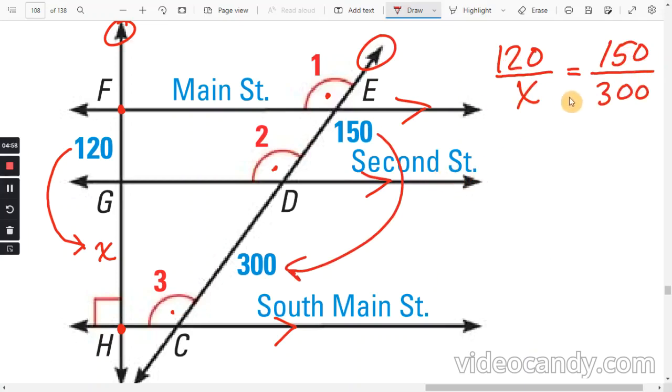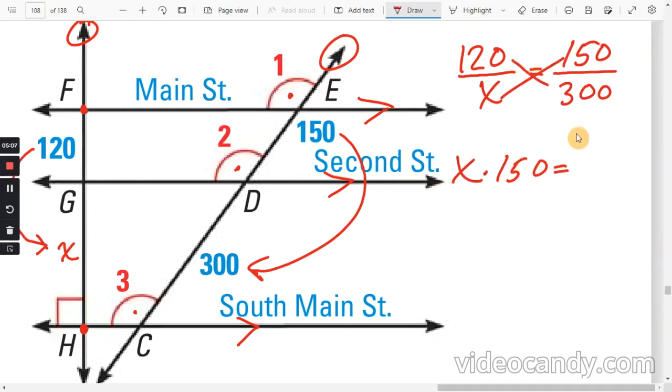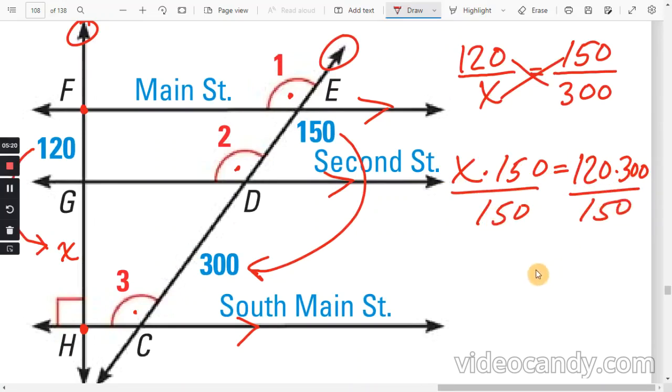All right, let's go through the process anyhow. Cross multiply: X times 150 is going to equal 120 times 300. Solving for X, the opposite of times 150 is divided by 150. Of course it cancels here. We're left with X equals 300 divided by 150, which is just 2, times 120, which is 240.